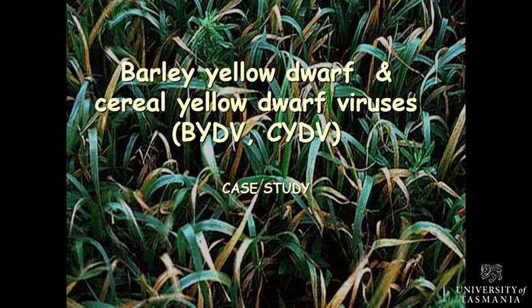But in the last probably 15 years, they discovered actually we've got 2 completely distinct viruses causing exactly the same disease. So there's another one they now call cereal yellow dwarf virus that is genetically distinct, but does pretty much the same thing in terms of disease. Management's the same, but it's actually a different virus.